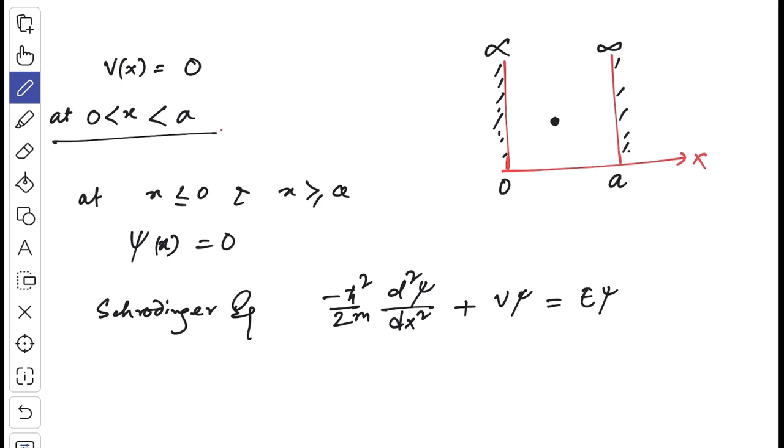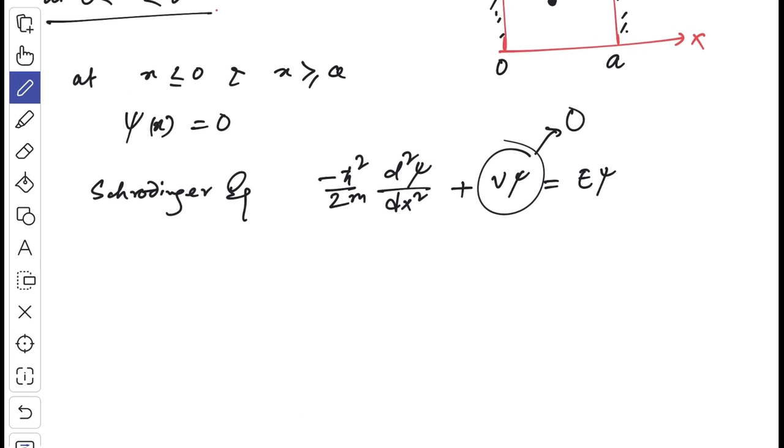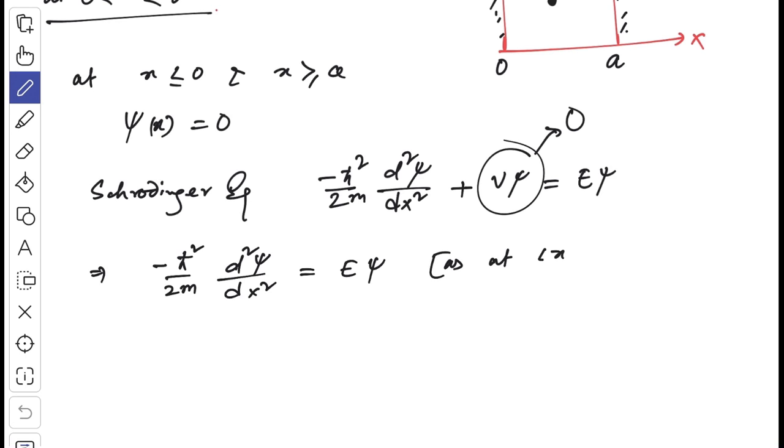As inside this box V is 0, this term is going to be 0. So our Schrodinger equation is reduced to minus h cut square by twice m d square psi by dx square is equal to E psi, as at x greater than 0 and less than a, V of x is 0. Hope you have understood this. Here E represents total energy.